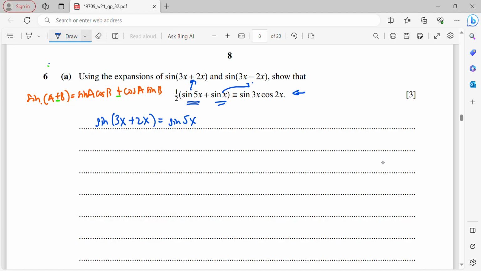Now I'm going to apply this addition formula. It will be sine 3x cos 2x, then plus cos 3x sine 2x.